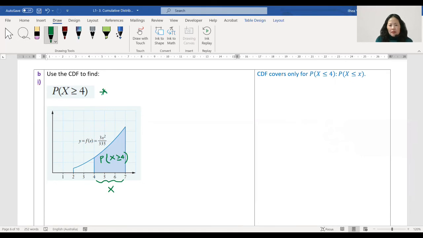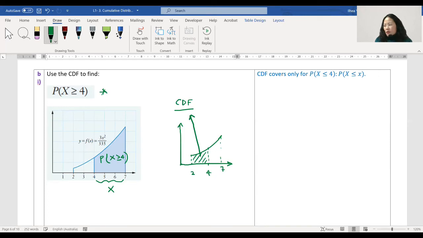The CDF only gives us from the start to where it's supposed to be. That's up to 7 here, 2 here, and the 4 is here. CDF gives this. This is what we're given.